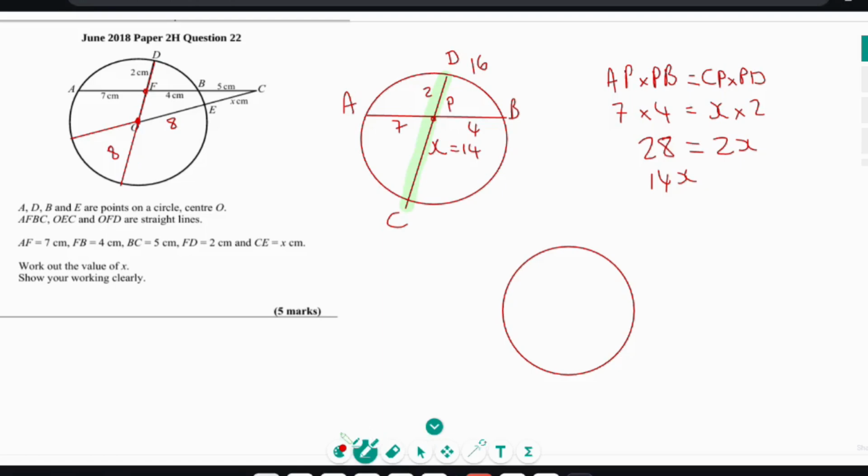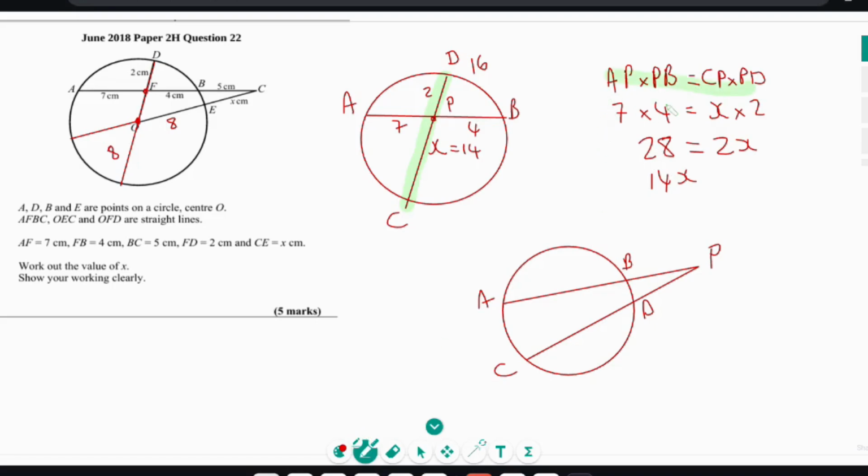Right, so let's just have a look at that one. Let me just draw it out separately and I can label it myself. So I'm going to label that P, A, B and C, D. So I use that same formula here.